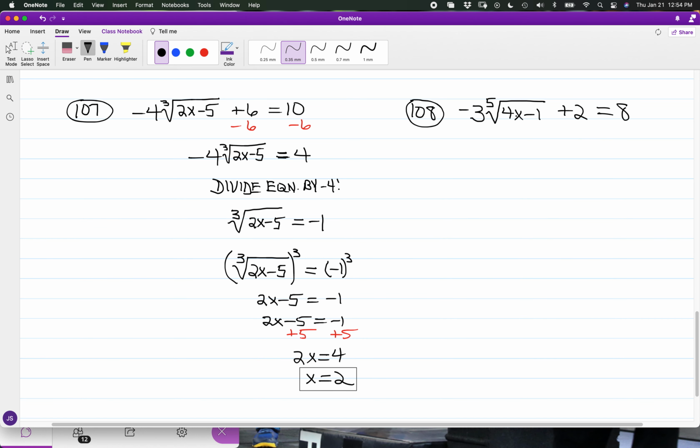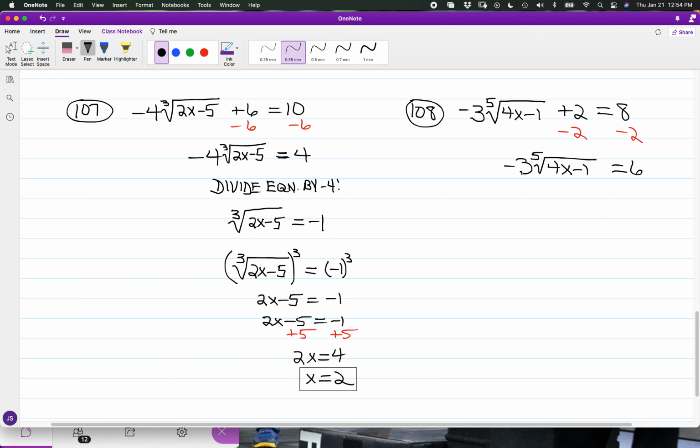We're going to isolate the radical. If we undo addition by subtracting 2, we're going to have negative 3 times the fifth root of 4x minus 1 is equal to 6.